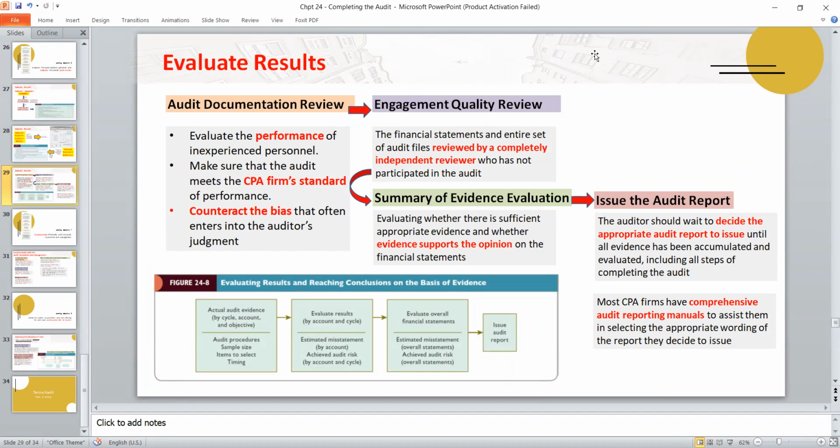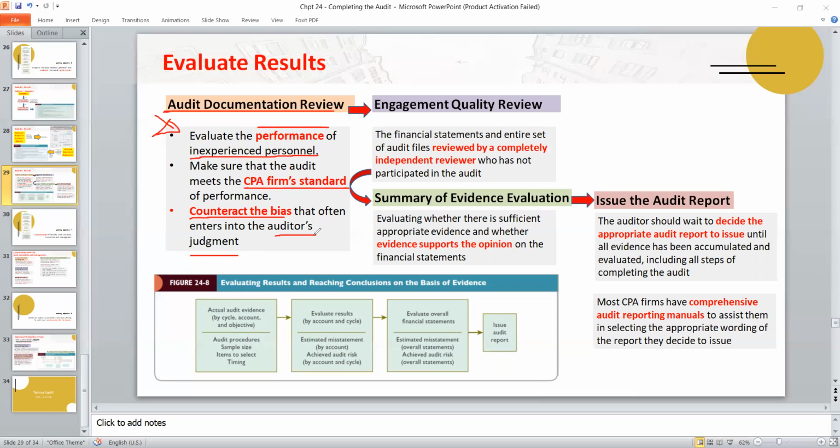These are the steps before you issue the audit report. First, audit documentation review. From here you can review your own team's performance, evaluate the performance of inexperienced personnel, make sure that the audit meets the CPFM standard, and counteract the bias that often enters into the auditor's judgment.